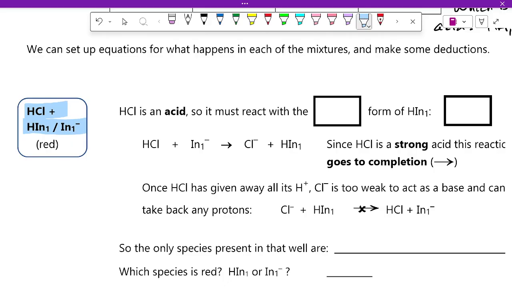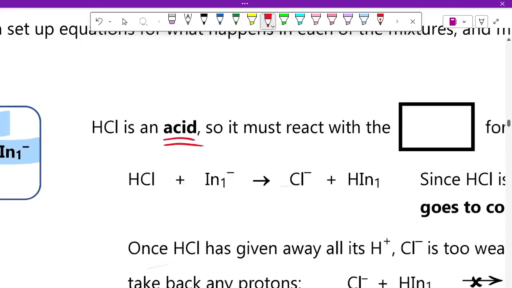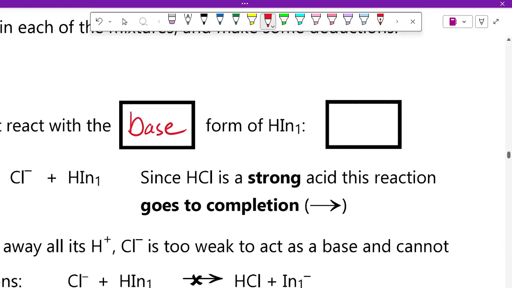So HCl is an acid. What do acids react with? They react with bases. So this acid must react with the base form of the indicator. And what is the base form of the indicator? In minus.